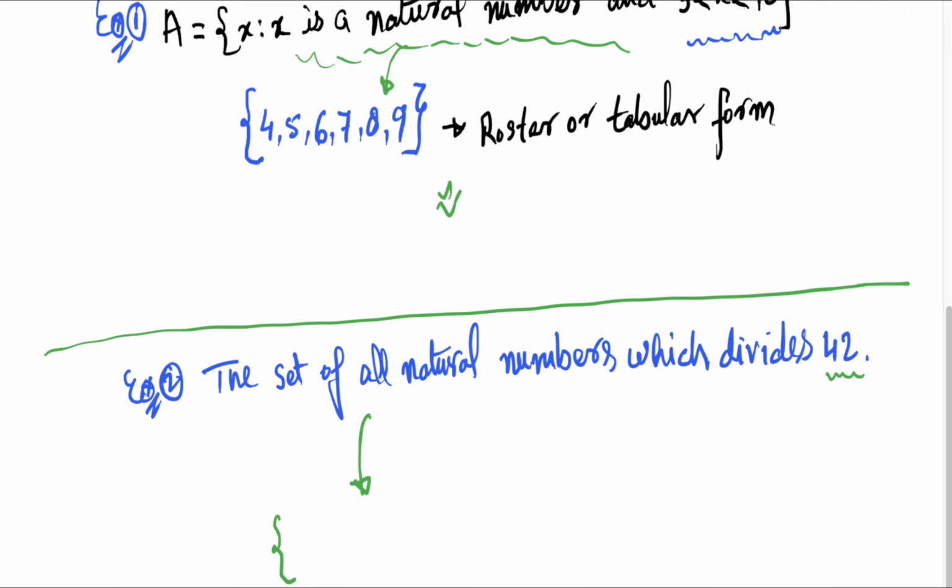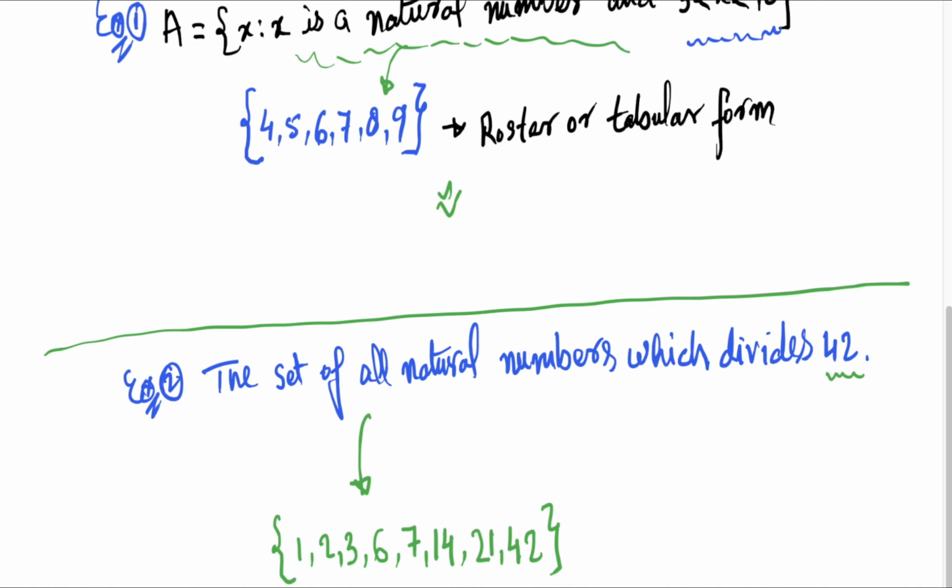We just need to focus on the numbers which can divide 42. 1 can divide 42, 2 yes, 3 yes, 4 no, 5 no, 6 yes, 7 yes, 8 no, 9 no, 10, 11, 12, 13 no, 14 yes, 15 no, 16, 17, 18, 19, 20 no, 21 yes, and 42 itself can divide 42, yes.